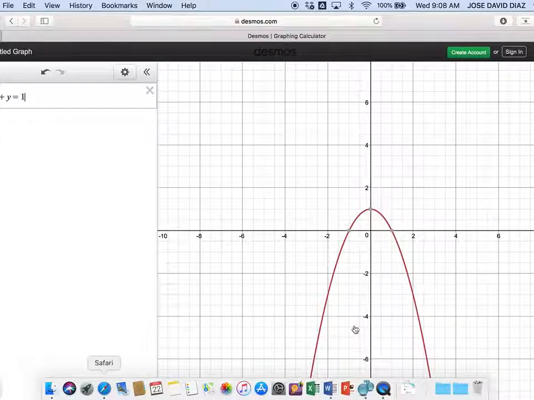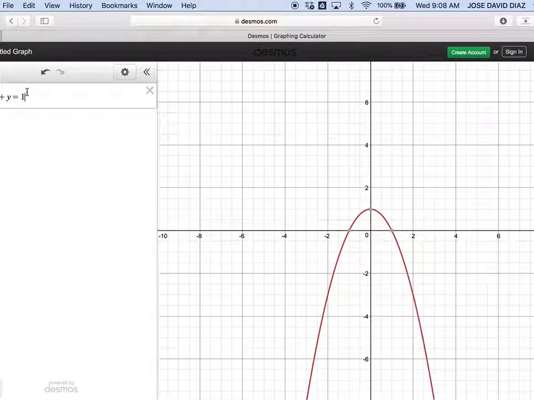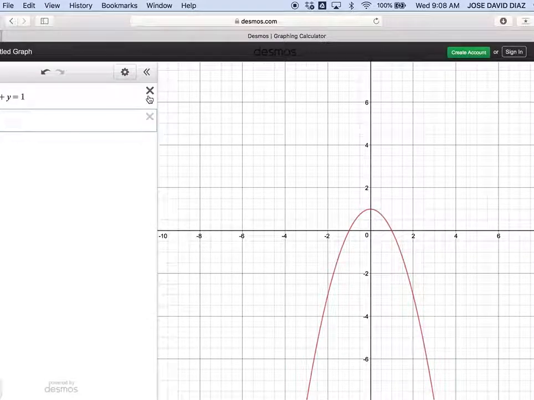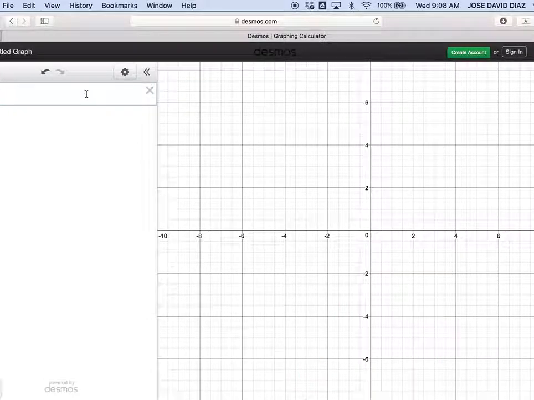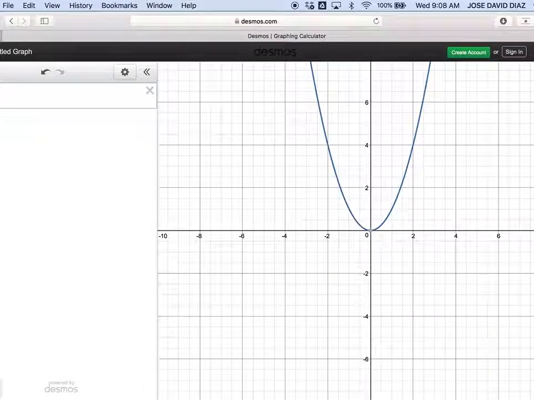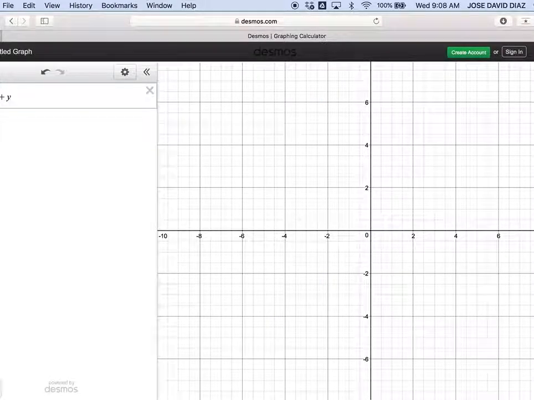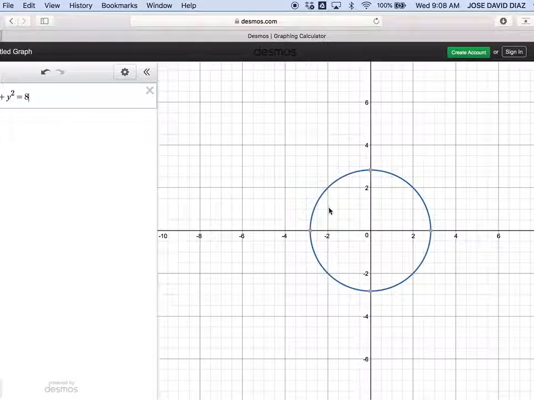You can see it graphically. But if I type in the second one, where we have x squared plus y squared, and all of you guys know that this is an equation of a circle, that would not be a function.